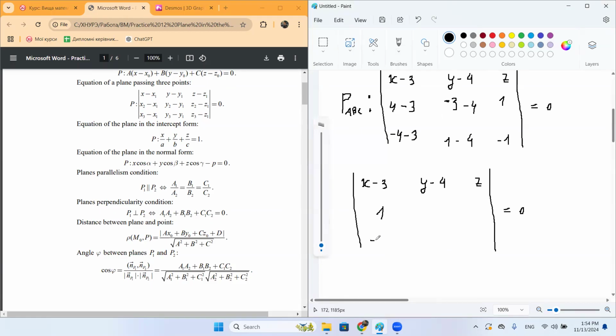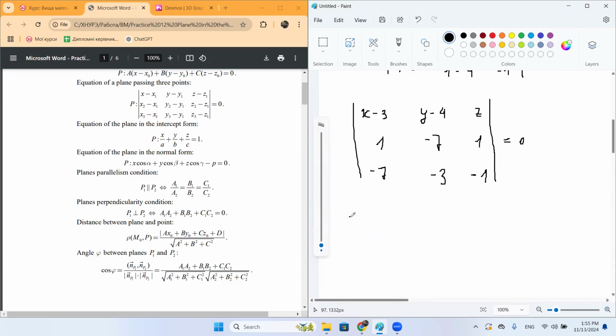So 1 minus 7, minus 7 minus 3, 1 minus 1. Okay, so 7 by x minus 3, minus 7 by y minus 4, and minus 3 by minus 3z.